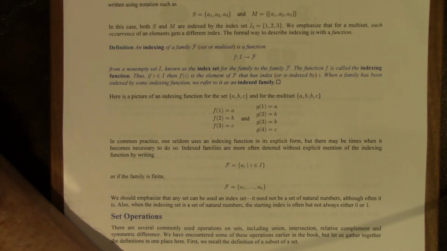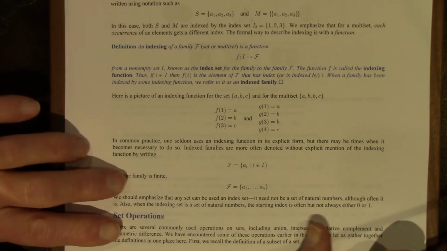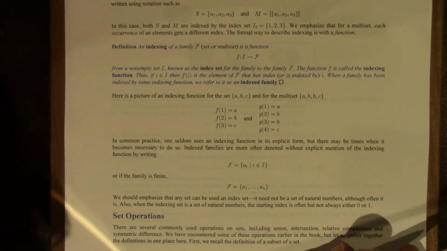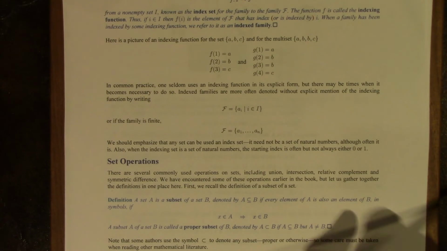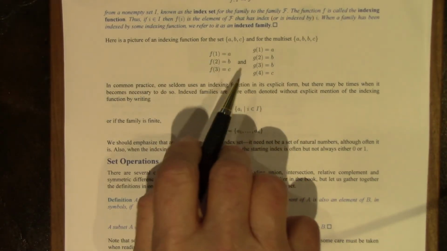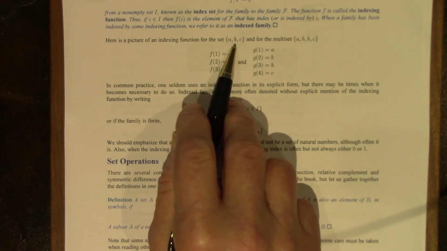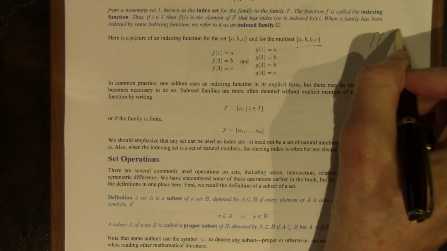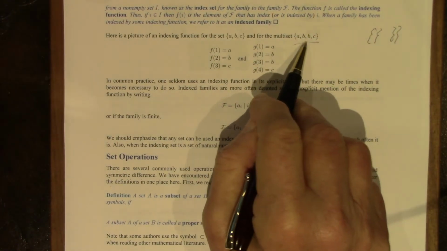A family can be indexed by different index sets. Indexing is not a unique process. There are generally many ways to index a set. Here's a picture, might help keep this in your mind, of an indexing function for this set, {A, B, C}, and this multiset.